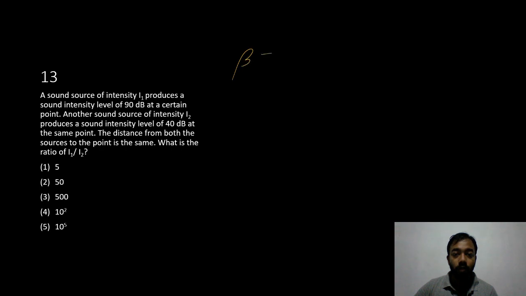Sound intensity level beta is equal to 10 log10 of I over I naught. Here I is the intensity at a specific point, I naught is the reference intensity, which is a constant.